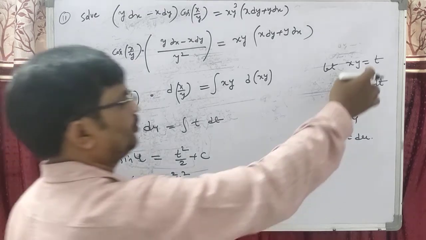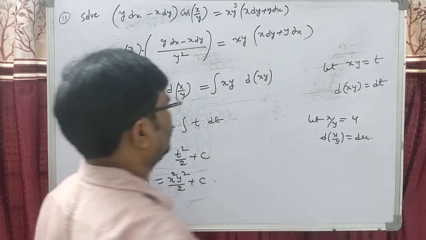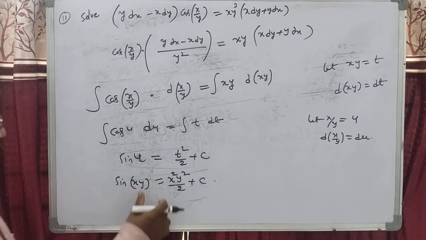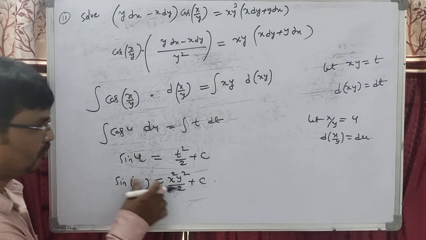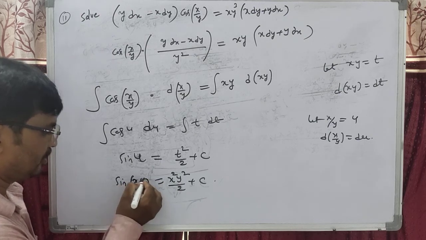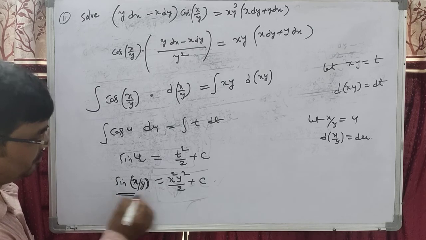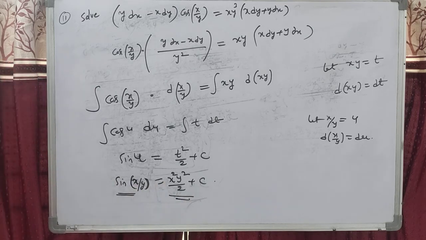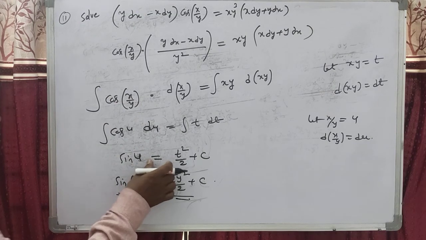Here xy is there, and here x by y is there. Now sin u, what is u? That is x by y. Dear students, the answer will be the sine of x by y equal to x square y square by 2. Write down, students.